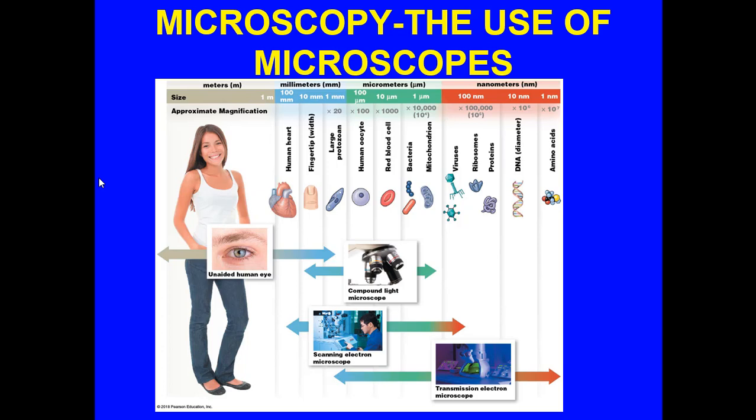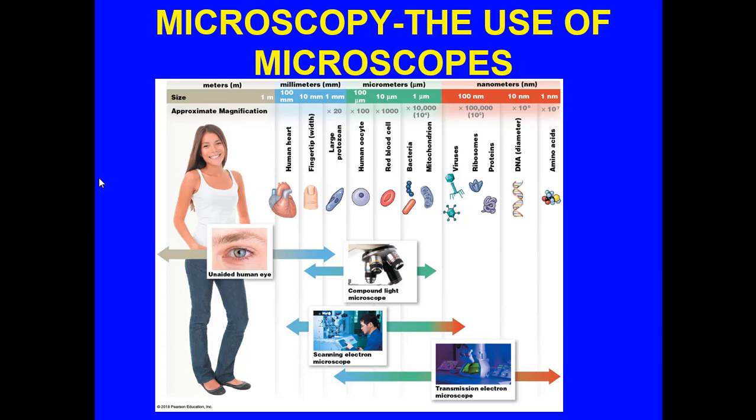The two major types, scanning electron microscope, can go down to about the range of 100 nanometers. And for those of you that are wondering, what's a nanometer? Nano refers to billionths of a meter.